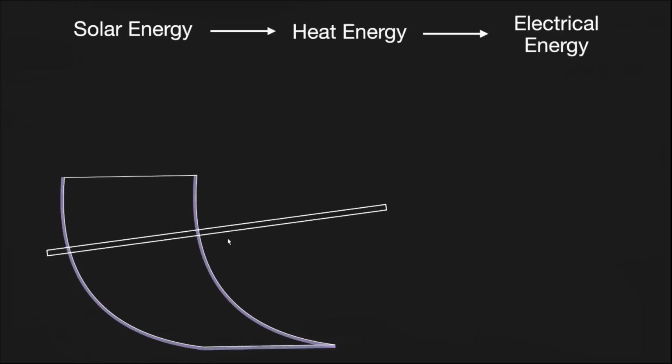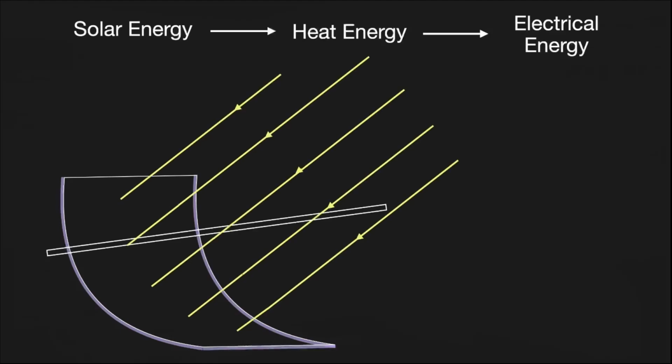I'll just show you another picture, a real picture, and you'll get it. So we have rays from infinity coming, striking on the mirror, and then concentrating at the focus, right? Now, water is going to be made to flow through this pipe. As the water flows through this pipe, it experiences the heat of these concentrated sun's rays, and it's going to heat up. You'll notice that it gets hotter and hotter as it goes.